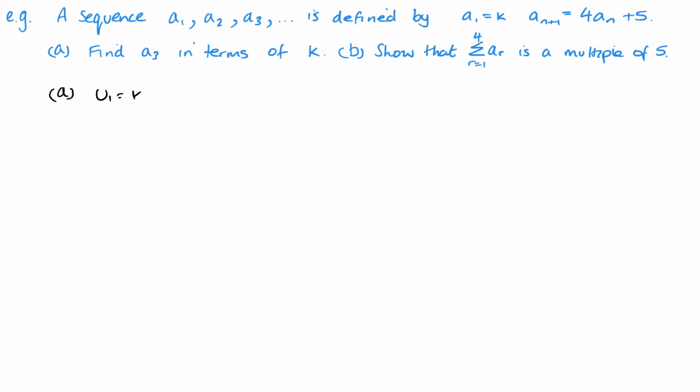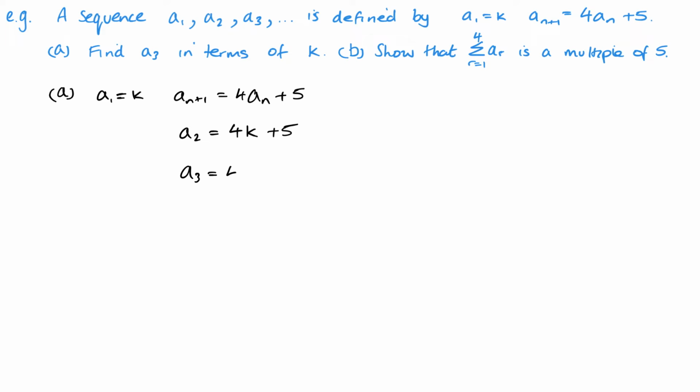So our first term is k, and you can see that our formula is 4 a n plus 5. Now we're actually using a instead of u here, but the process is just the same. So my first term is k, so to find my second term this is going to be 4k plus 5, that's going to be my second term.